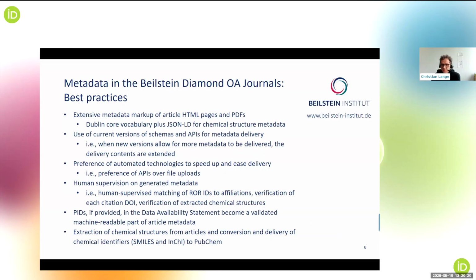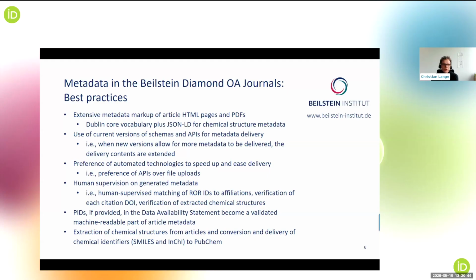Our best practices in general include, of course, metadata markup of article HTML and PDFs. We use the Dublin Core vocabulary here. And for metadata of chemical structures, we include JSON-LD in the HTML pages. We always aim to adopt the most current versions of schemas and APIs if this serves our purposes.